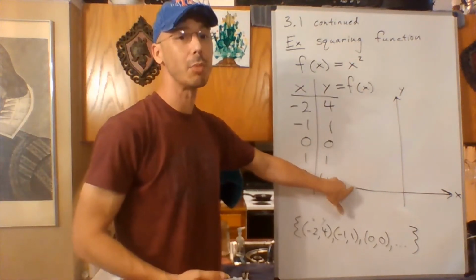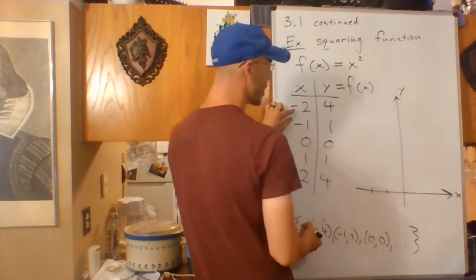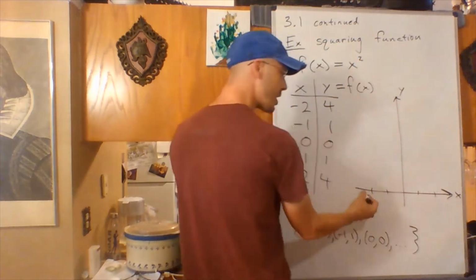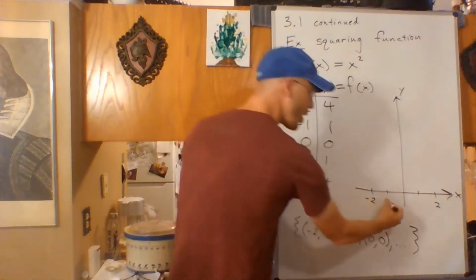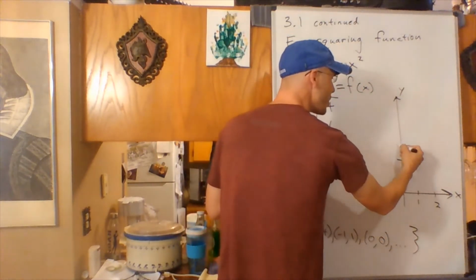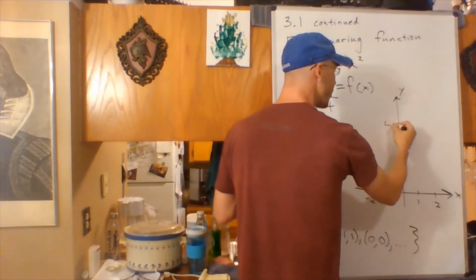This graph is going to be a much better way because we're going to be able to not only use the points we have, but fill in some of the points in between. So my x values range from -2 to 2, and the y values, the lowest one is 0, but they do go up to 4.